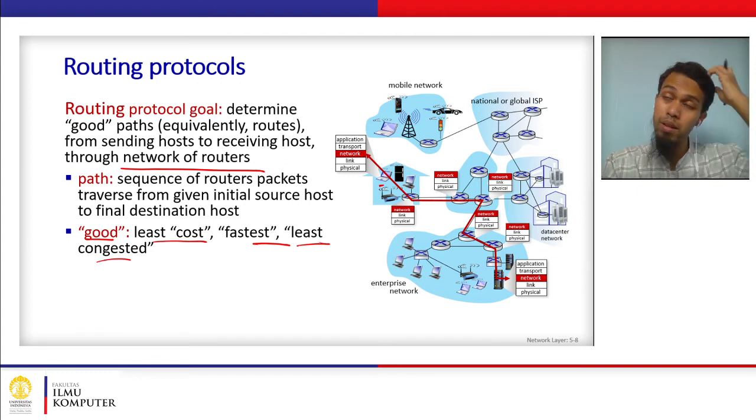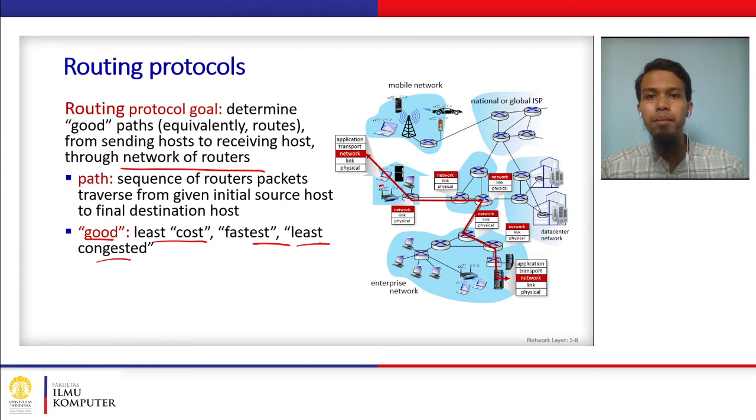Let's say we can find several routing paths with the shortest path, but if those paths are used by several flows, then there will be congestion. So it's not a good path anymore, because it becomes congested.